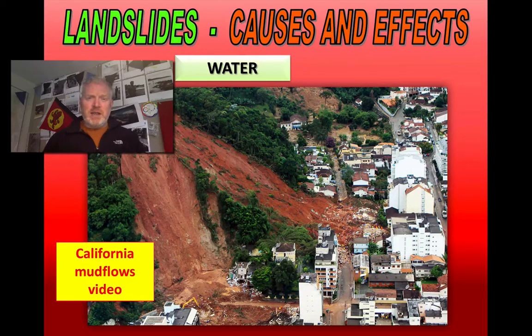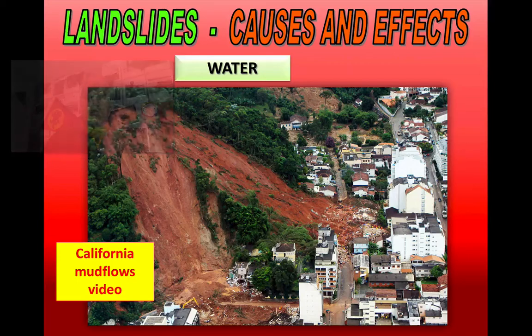I've put some links in the lesson notes to show what this is like. Particularly, there were a lot of these mud flows in California after some fairly devastating forest fires recently. The fires killed off the vegetation. The roots of that vegetation were holding the slopes together, and when it rained afterwards, those slopes started failing with some fairly devastating results. Watch those videos to see what that's about.